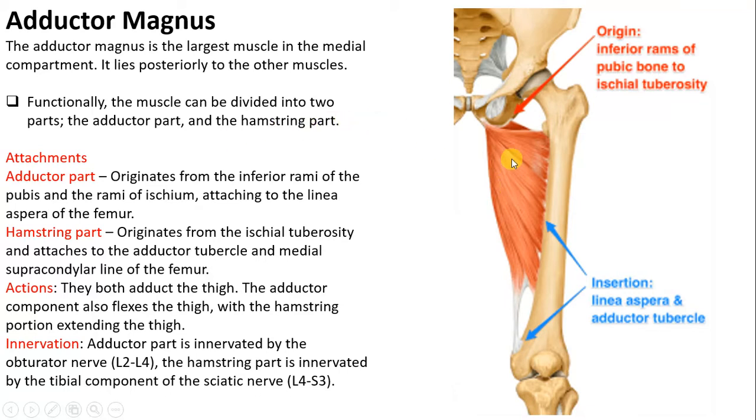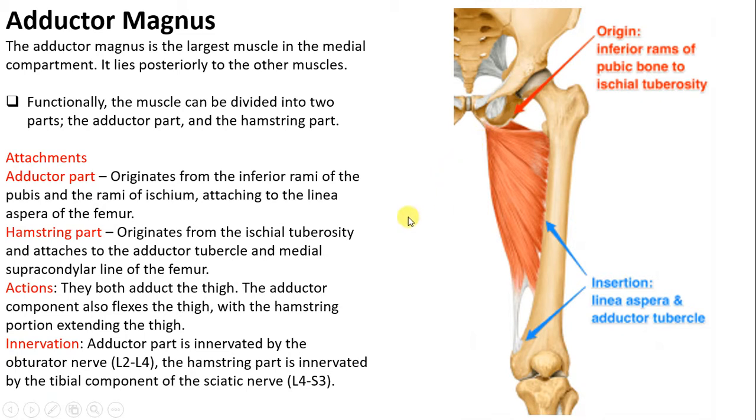Here we see this large muscle having attachment to the linea aspera and to the condyle of the femur, on the medial side to the adductor tubercle. Here will be the adductor tubercle, and it originates above from the inferior ramus, and you can see it extending backward to the ischium.